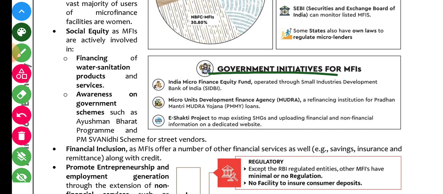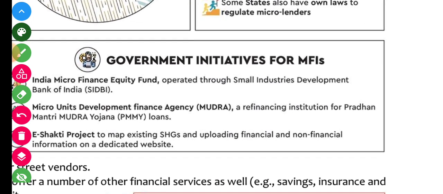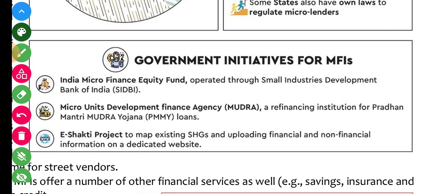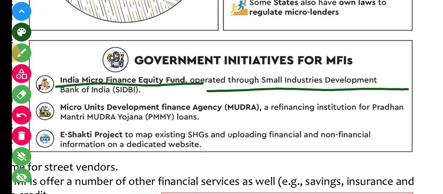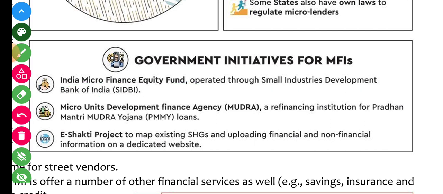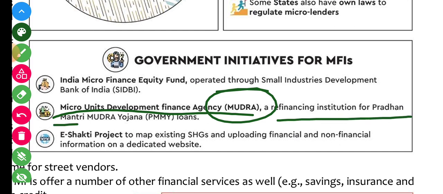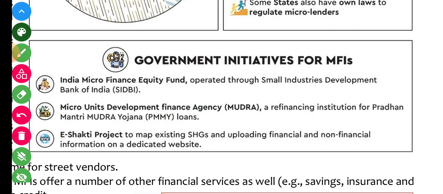Next is government initiatives for microfinance institutions. India Microfinance Equity Fund, operated through Small Industries Development Bank of India, SIDBI. Micro Units Development and Refinance Agency, Mudra, a refinancing institution for Pradhan Mantri Mudra Yojana. E-Shakti project to map existing self-help groups and upload financial and non-financial information on a dedicated website.